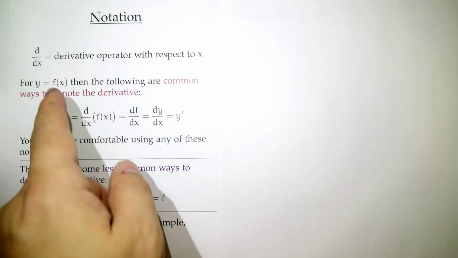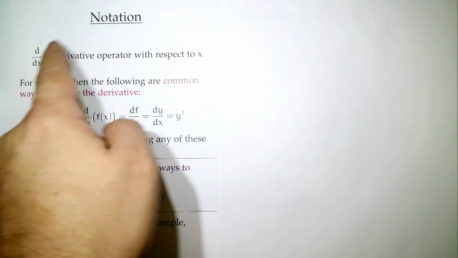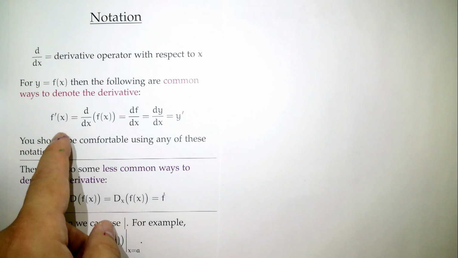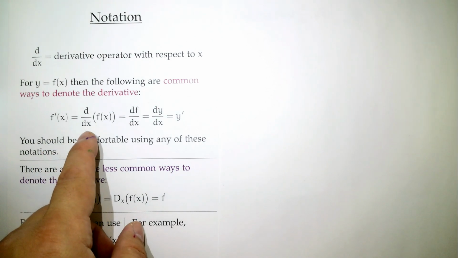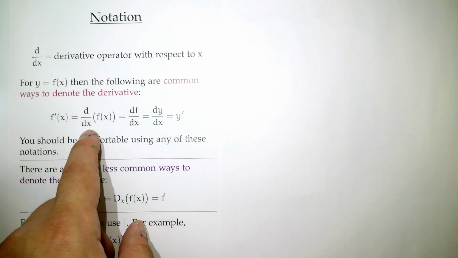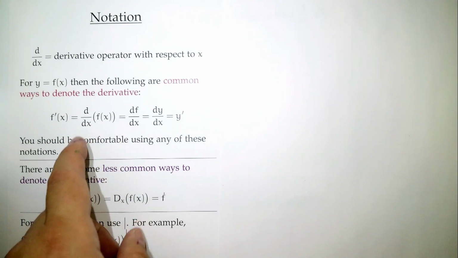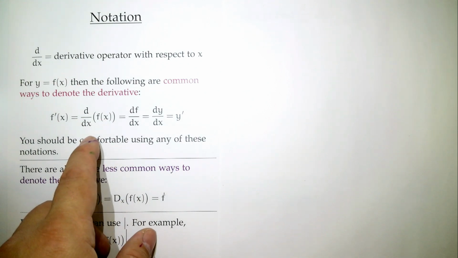So I'm trying to say, what's the small change of whatever I'm looking at when I look at a small change in x? That's what the d dx notation becomes. So we can write f prime of x, or we can say, well, what's changing, what's the result of our f of x when we look at a small change in x? So that's what this notation means, d dx.